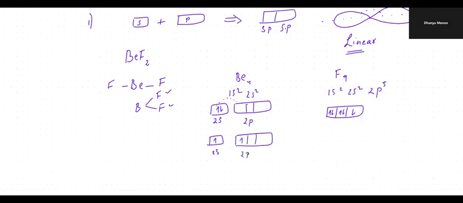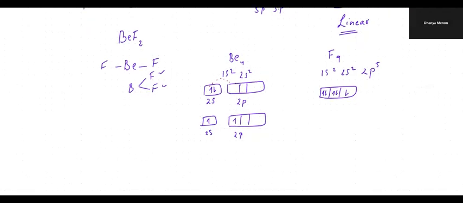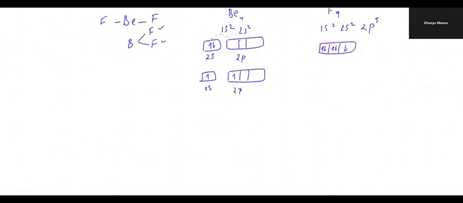Now, what happens is that this s and p intermix to give you sp hybridization, resulting in the formation of 2 hybrid orbitals.